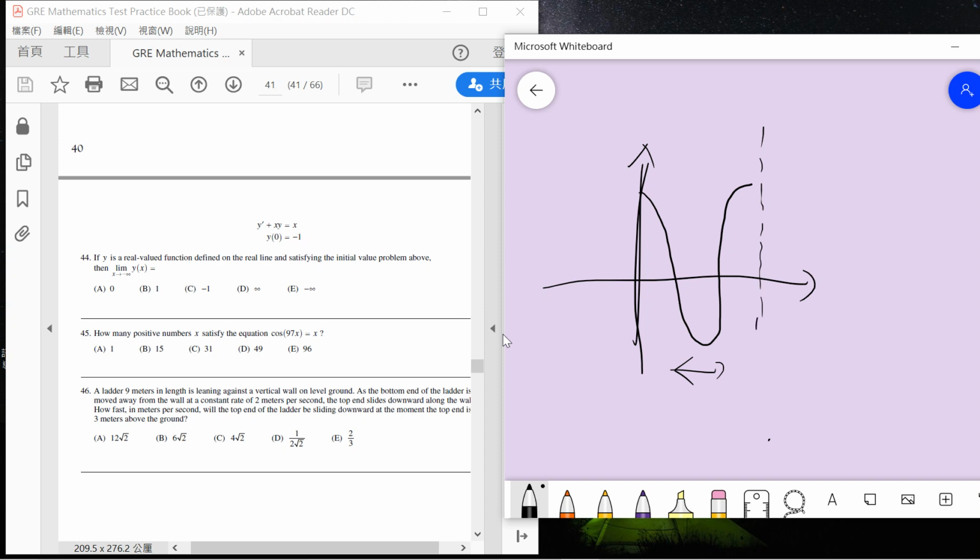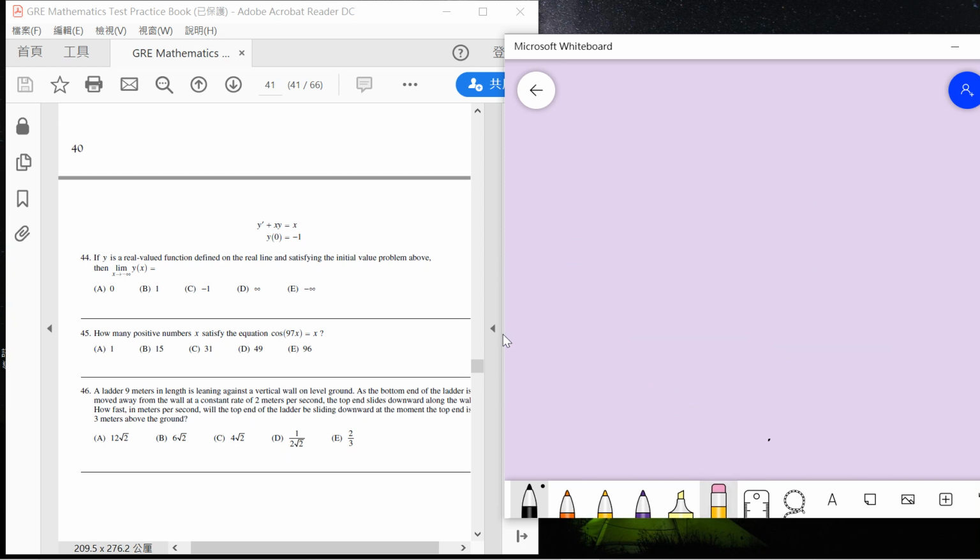And if this is 1, and one is here, then basically you can have two intersection points.